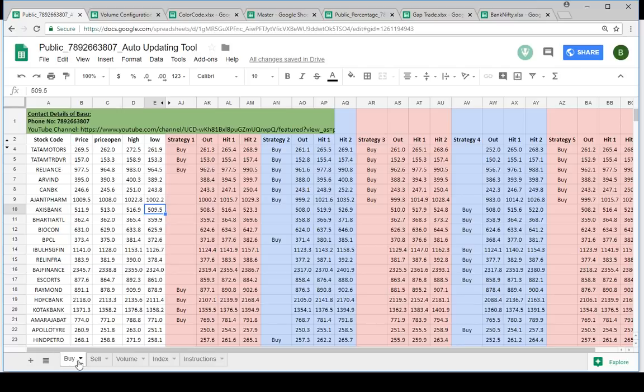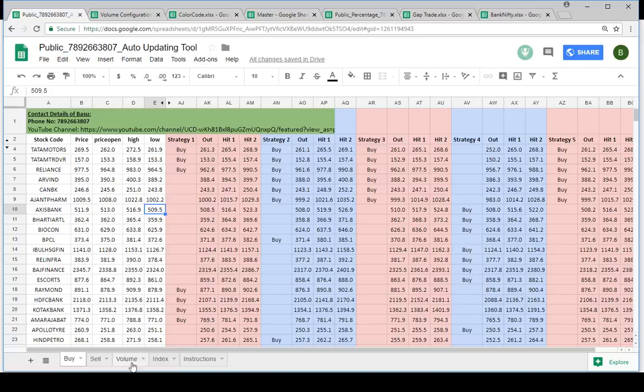The first one is buy and sell. If there are any shares which are in buying trend today, or which follow a certain strategy for buying, they will be shown in the buy tab. Similarly, the selling stocks will be shown in the sell tab. The stocks are also sorted on the basis of their volume surge, so you can find out which share is buzzing in volume today.